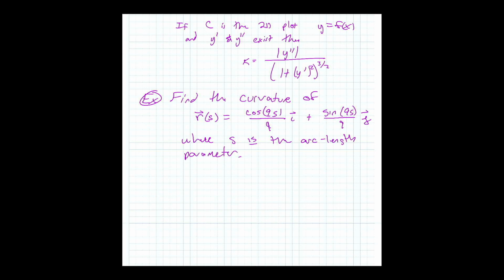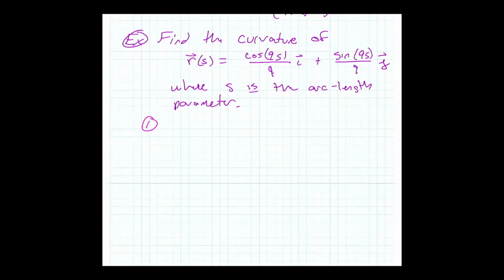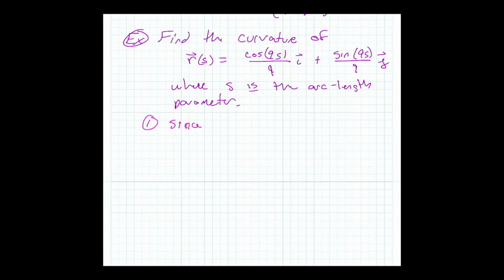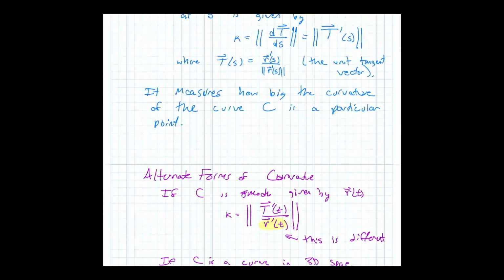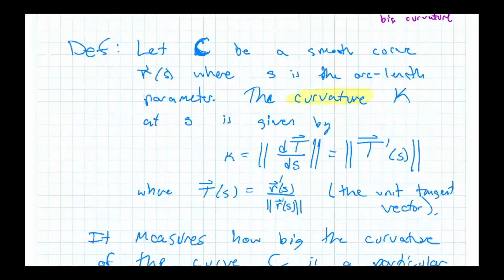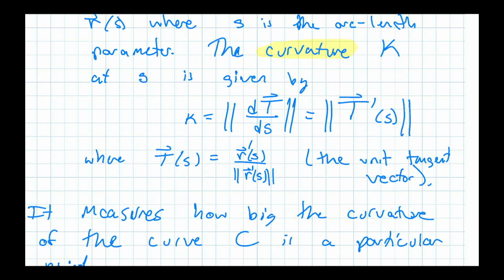All right. So that's the first step, right? Identify the formula. So since s is the arc length parameter, our formula is what? Kappa is what? So you scroll up here, it is the magnitude of T prime of s. But we have to calculate T of s, and then we can do T prime of s.